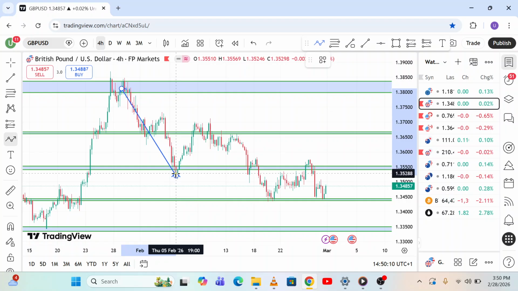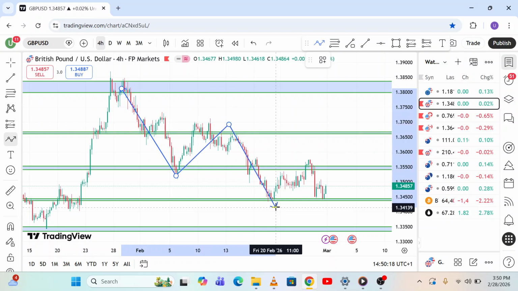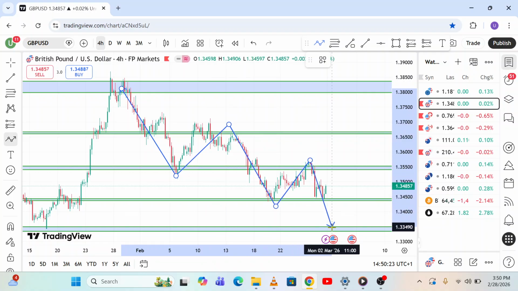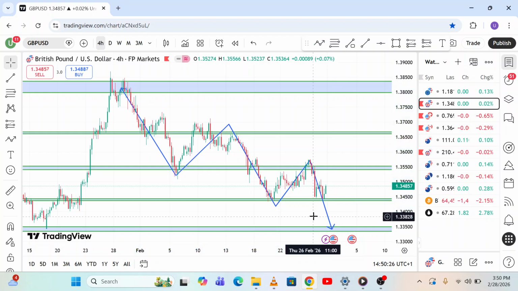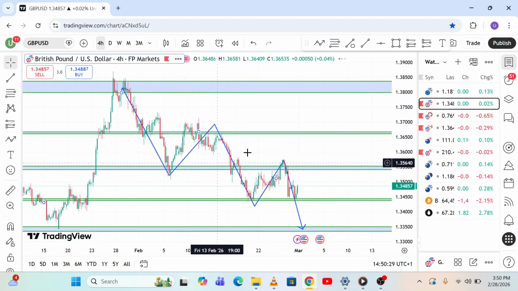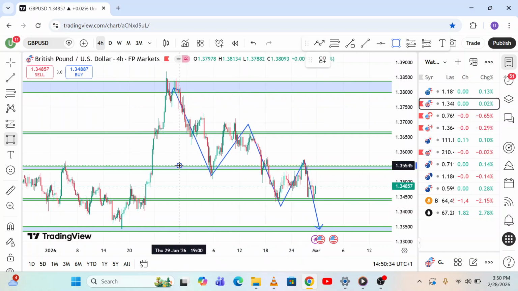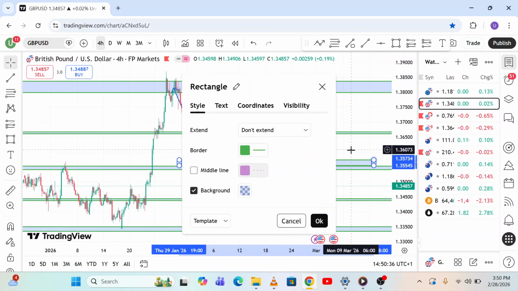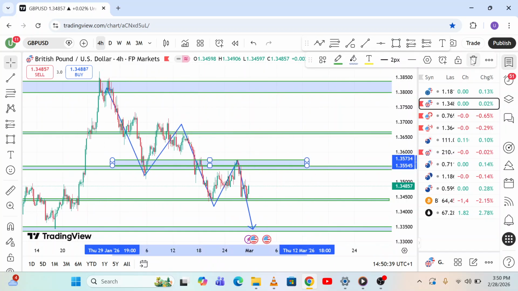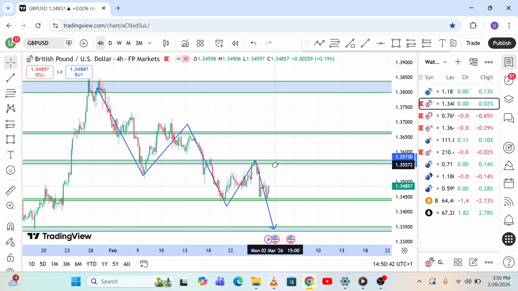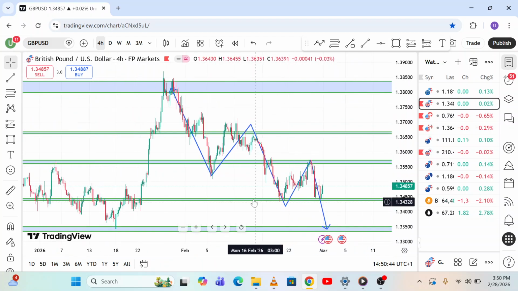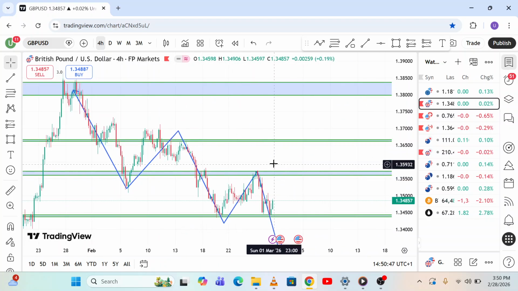It seems like a downward trend, but it's a pullback. This is a lower low, this is a lower high, this is a lower low, this is a break of structure, this is a lower high, and this is a break of structure, or a continuation. As you can see, the sellers managed to break this daily support, or this day level, and even tested here, so that we can expect the continuation of the downtrend.